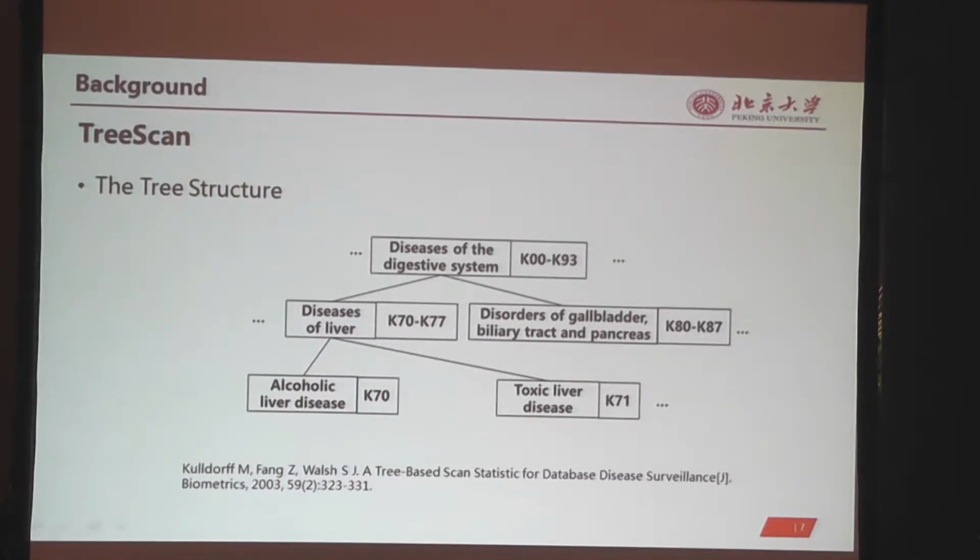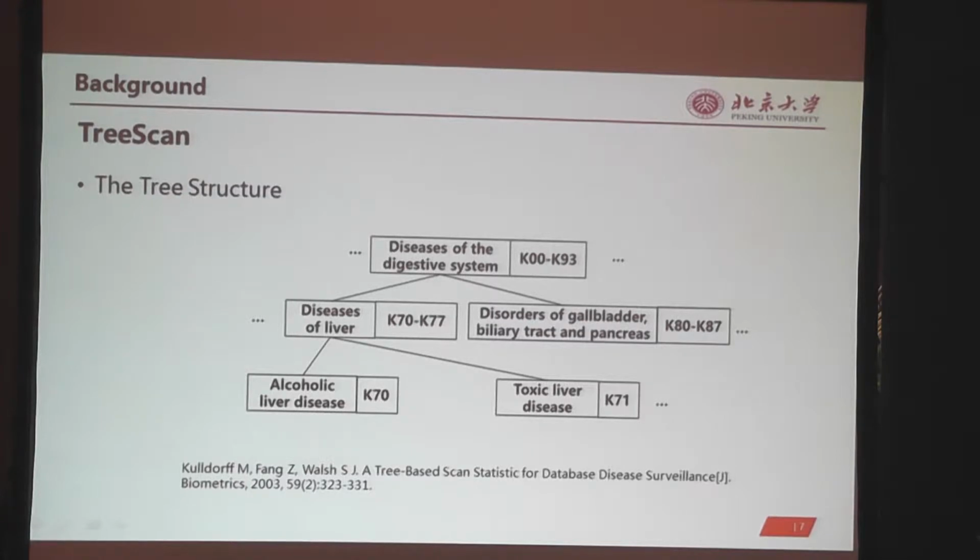There are two main elements to this method. First is the tree structure. We map the tree on the basis of a hierarchical classification structure used for coding events, like ICD-9 or ICD-10, and drugs.